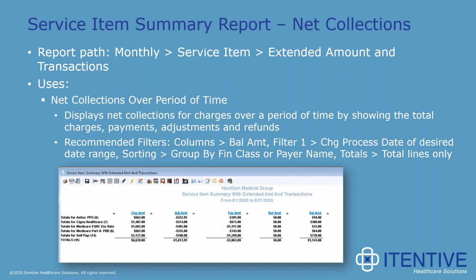So if there is kind of any lag on charges and your practice does override the process date, it'll be more accurate. And then that sorting tab can be used to group the data by financial class, or you can even use payer, just kind of depending on your needs. And then finally, I recommend checking off that total lines only, because we only are interested in seeing the net collections. So really that line item detail isn't necessary.